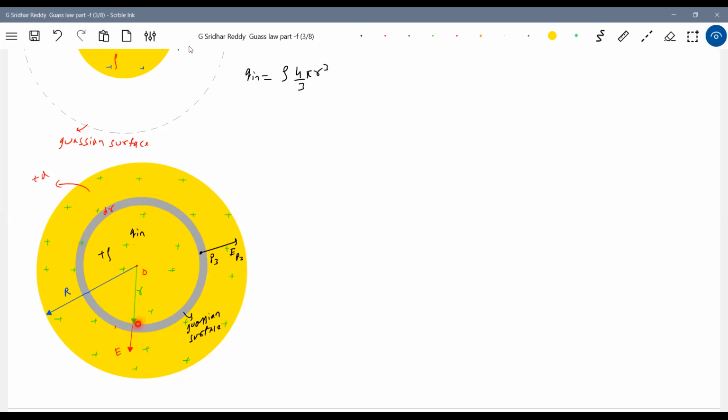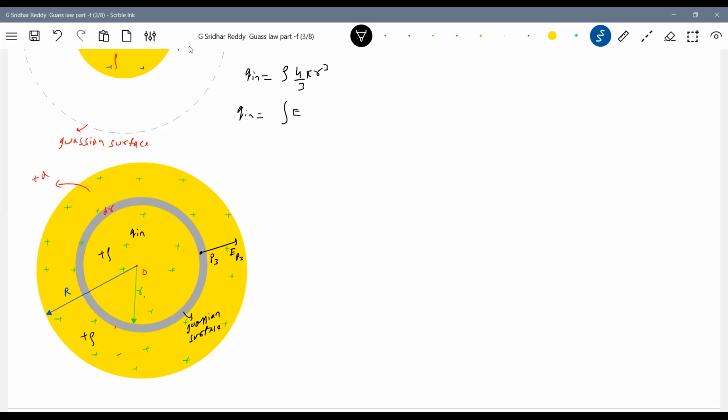What is the radius of this Gaussian surface? Small r. I showed it here. So what is the charge density of this? Rho, uniform charge distribution. Here also I'll write rho. How much charge is enclosed by the Gaussian surface? Density into volume of the charge enclosed in this Gaussian surface. So rho into 4/3 pi r cube.